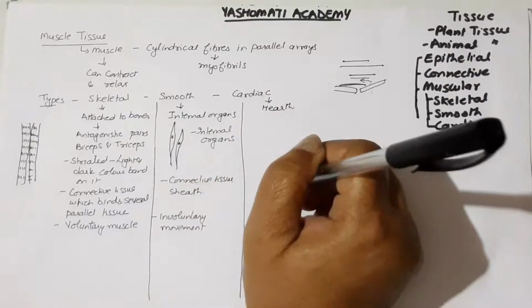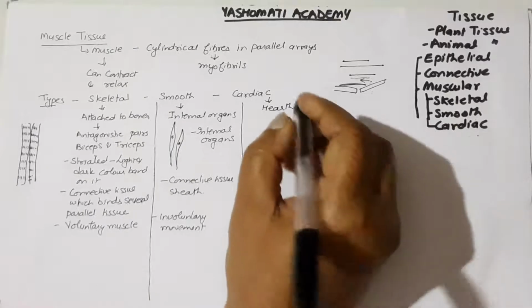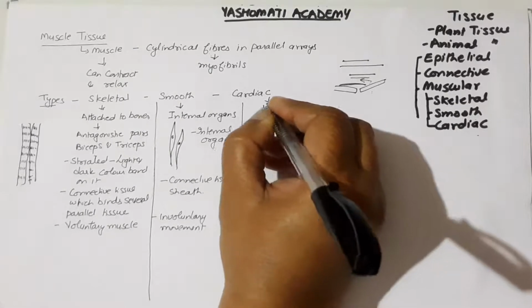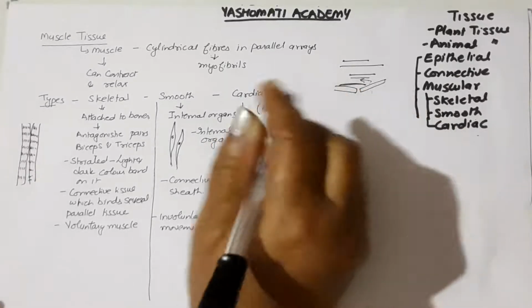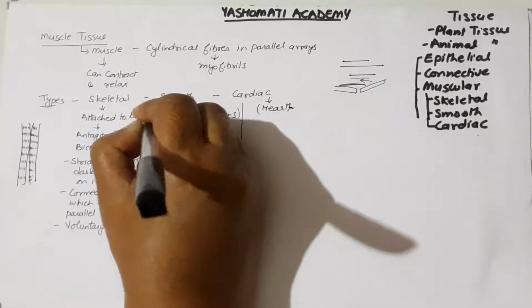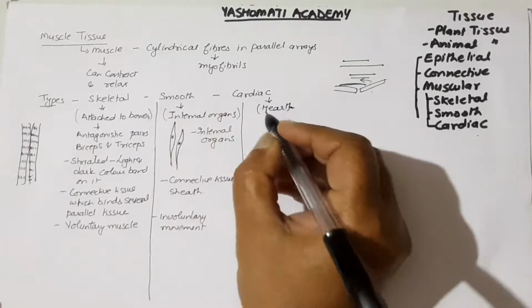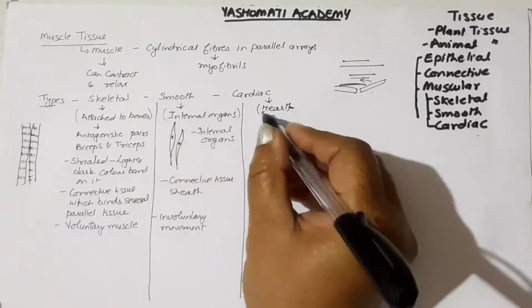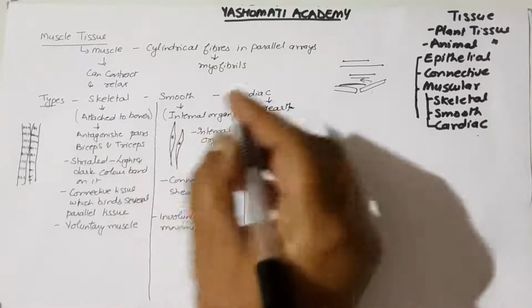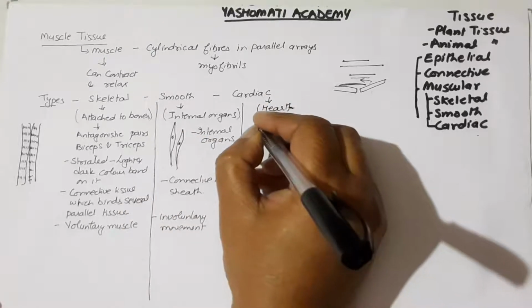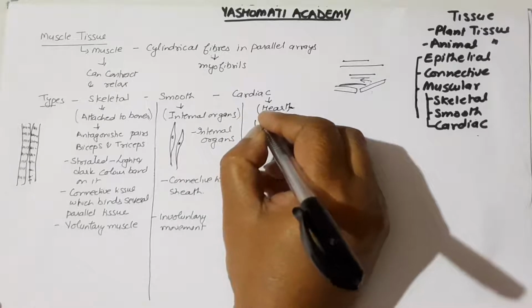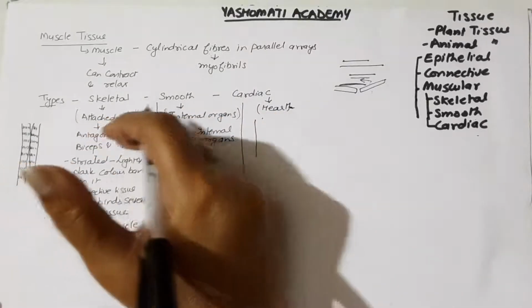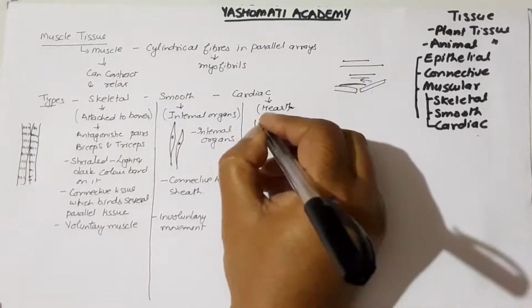The third type of muscle is called cardiac muscle. As the name suggests, it is present in the heart. Here the muscle resembles smooth muscle as well as skeletal muscle in some way.